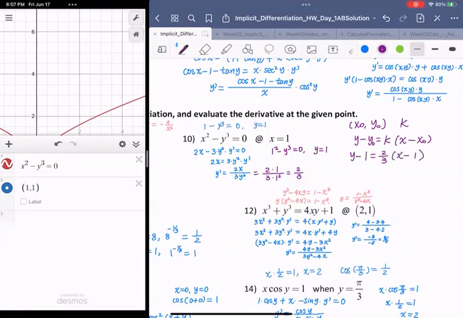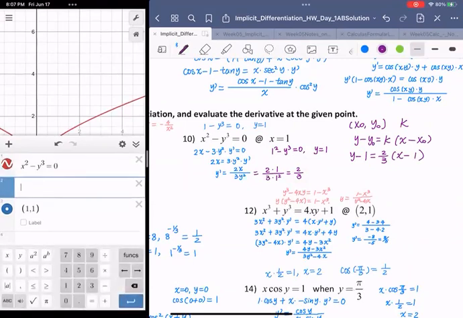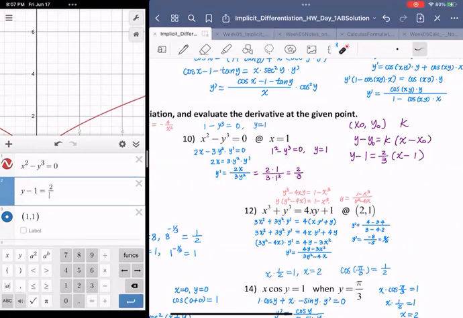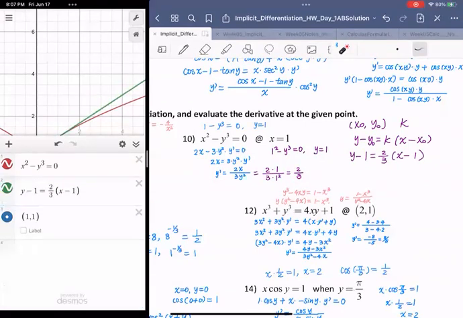Make sense? See? So if we want to double check if our calculation here is correct, we can type in y minus 1 equals 2 over 3 times x minus 1. Look at this.